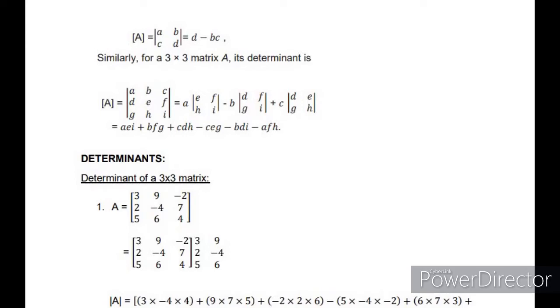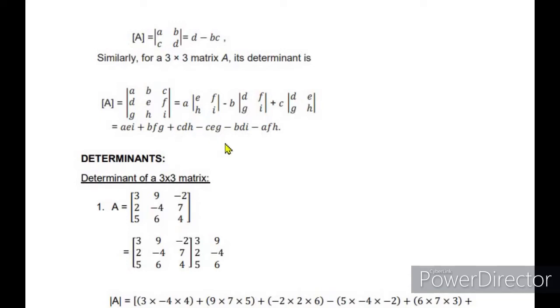Here you notice that if the sign or the operation of an element is minus or negative, you will start multiplying from the upper right to the lower left, which is FG. Okay, next is plus CDH.